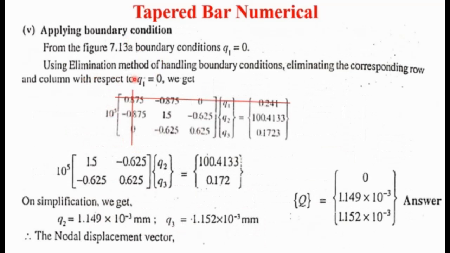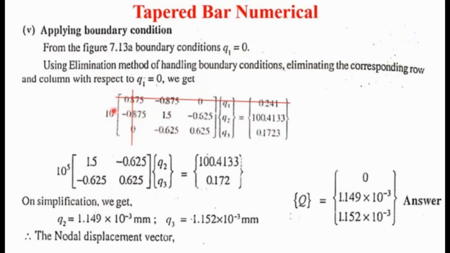Therefore, using Q1 equal to 0, the displacement at node 1 is 0. By using the elimination method of handling boundary conditions, we have to eliminate the corresponding row and column with respect to Q1 equal to 0. That means we have to eliminate the first row and first column.